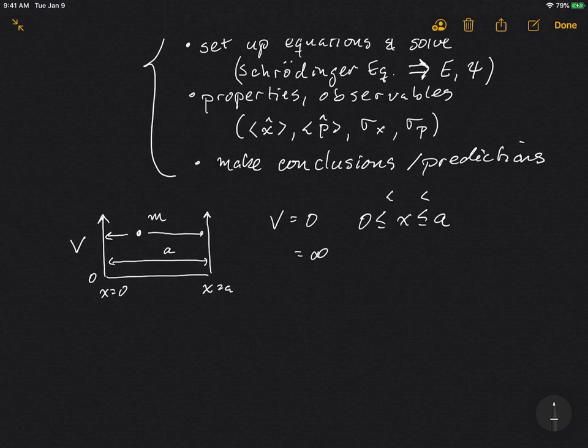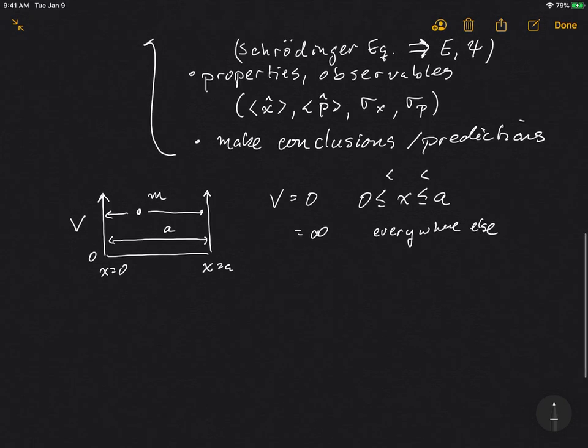That it's equal to doesn't really affect the results. And we say that the potential is infinite everywhere else. Okay, so we can be sure that it stays inside the box.